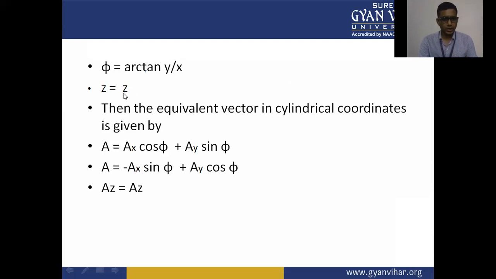And z equal to z, the same, because we have no change in the z coordinate. Then the equivalent vector in the cylindrical coordinate system is given by Ar equal to Ax cos phi plus Ay sin phi, A phi equal to minus Ax sin phi plus Ay cos phi, and Az equal to Az. This is the vector in the cylindrical coordinate system.